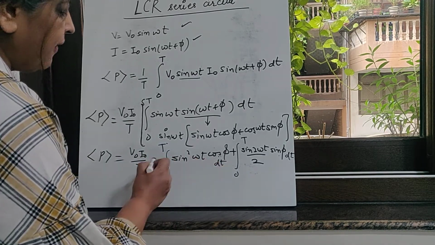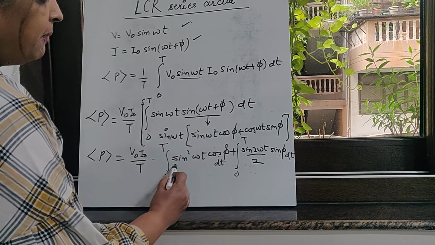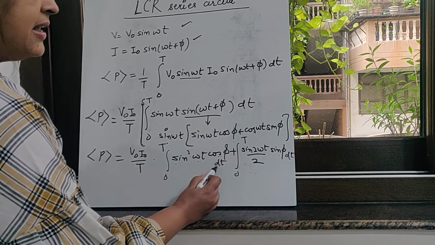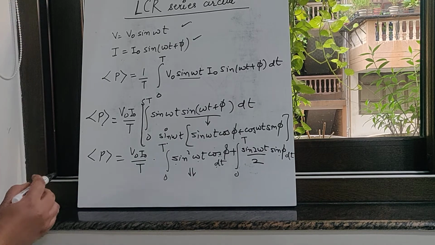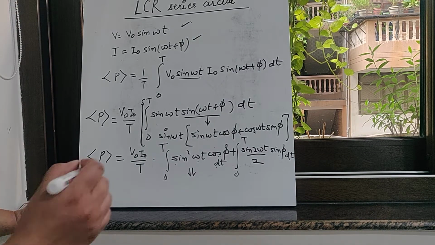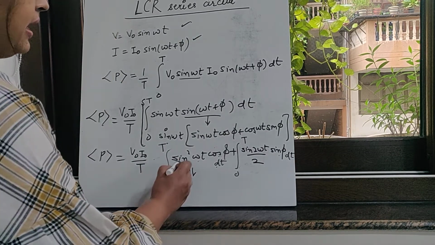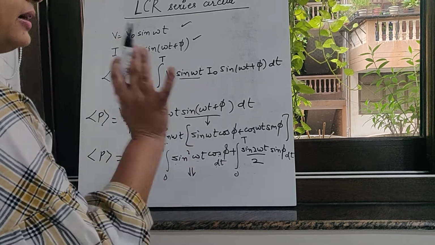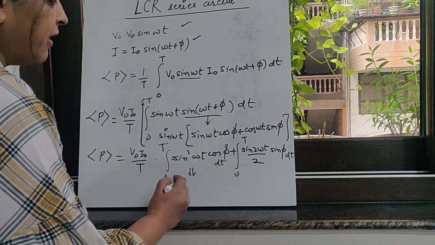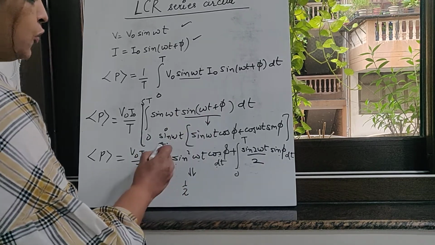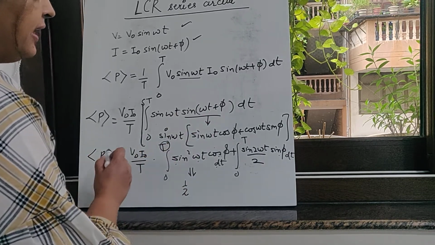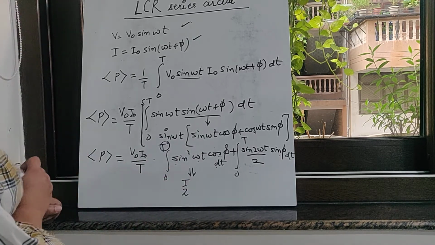And then if cos phi is outside this, we will be left with sin square omega t dt inside the integral, and we have done it in the case of the inductor and in previous cases also, that the integration of sine square theta d theta is always half. So we will write down half, and then you can also solve it by putting the limits. So you will get T by 2 over here.